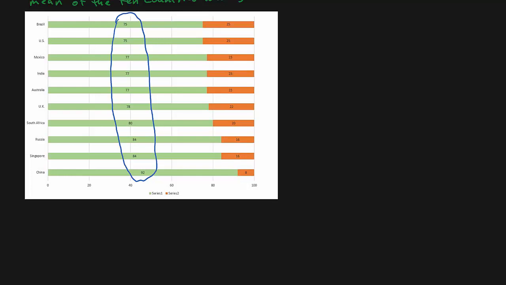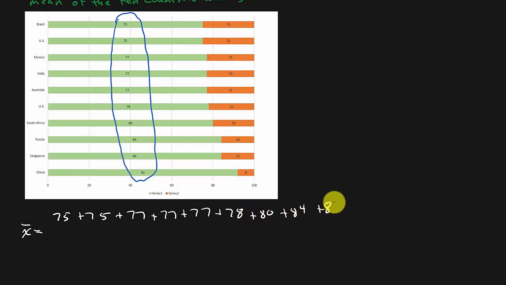To find the mean, all we do is add them up. So x bar is 75 plus 75 plus 77 plus 77 plus 77 plus 78 plus 80 plus 84 plus 84 plus 92.